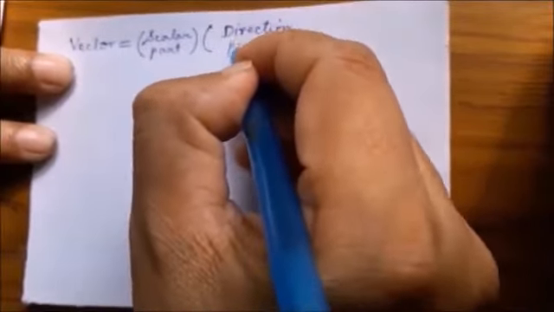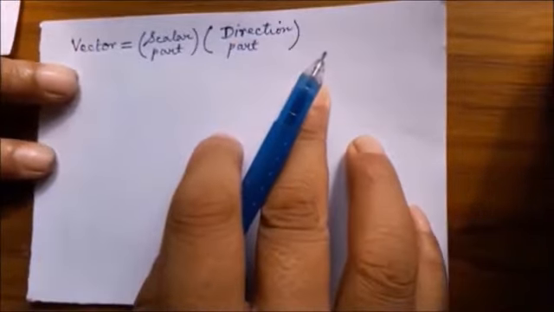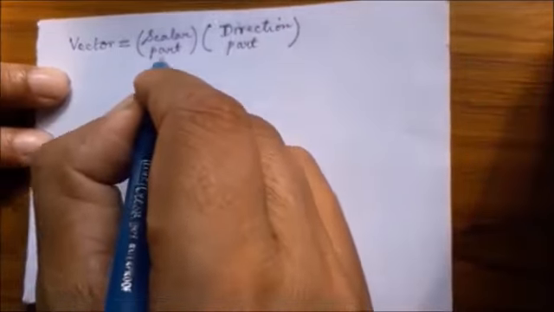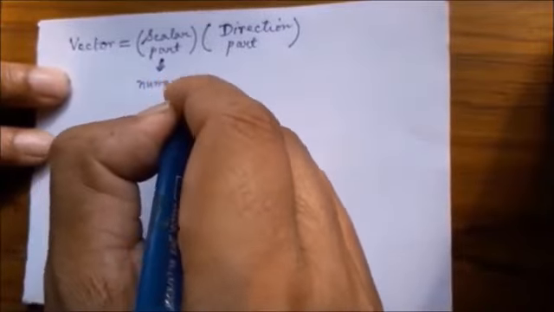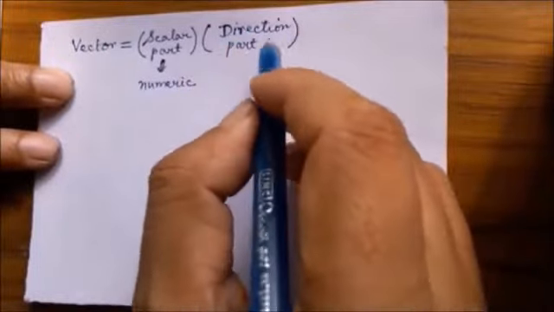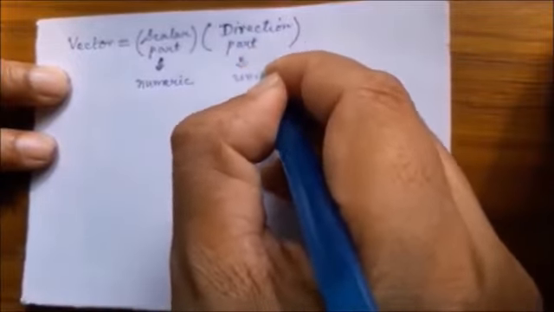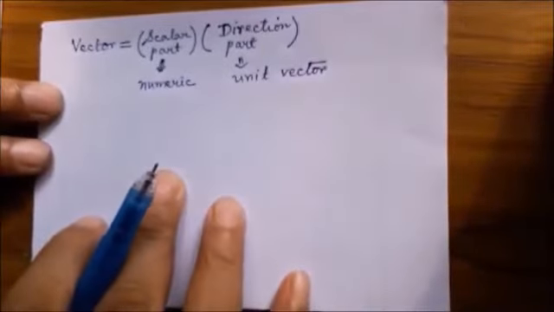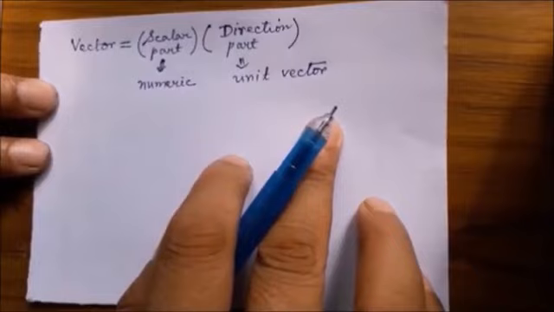So there are two parts. One is scalar part, the other one is the direction part. Now scalar part is expressed by a numeric, and the direction part is expressed by unit vectors. So this is how we can write down a vector.